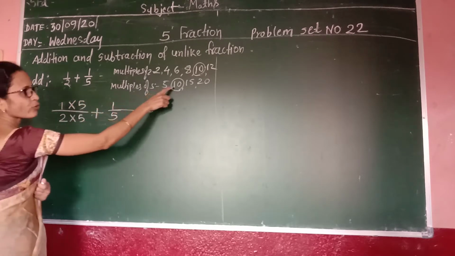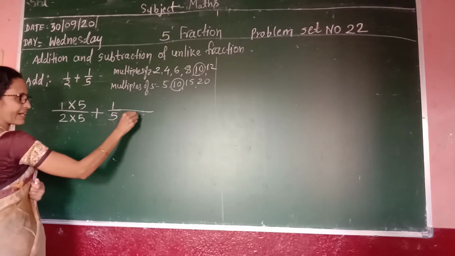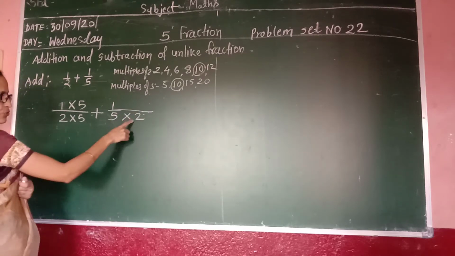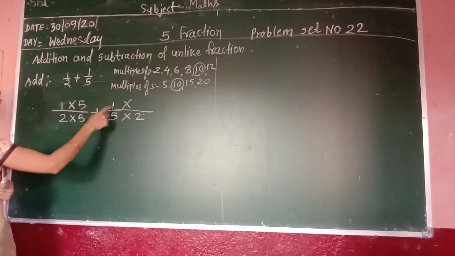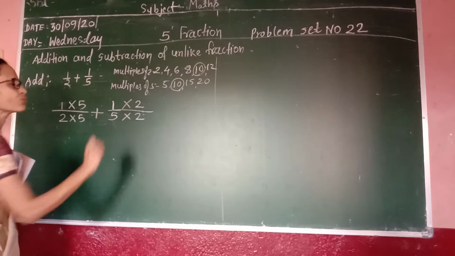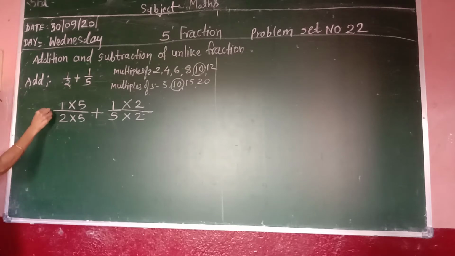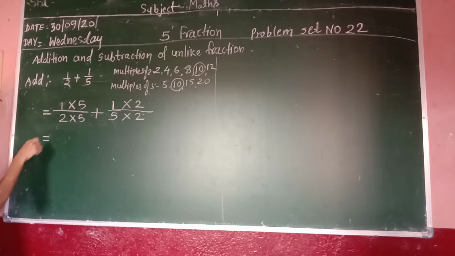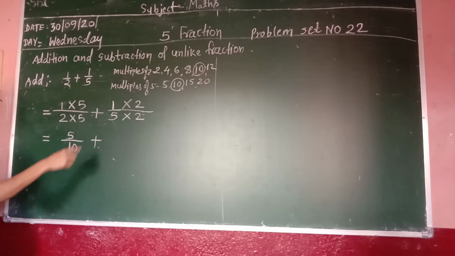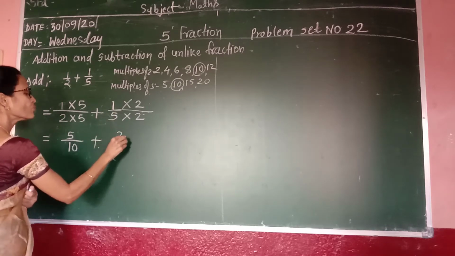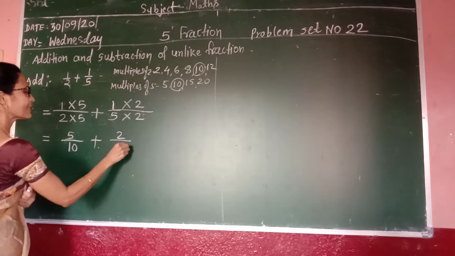And 5 2s are 10, so when you multiply the denominator 5 by 2, multiply the numerator also by 2. Put the equal to sign. 5 1s are 5 and 5 2s are 10, plus 2 1s are 2 and 5 2s are 10.